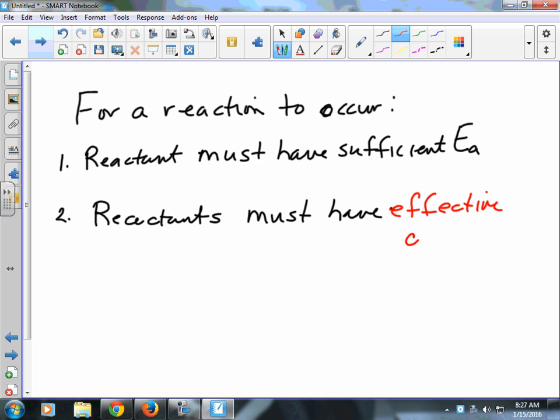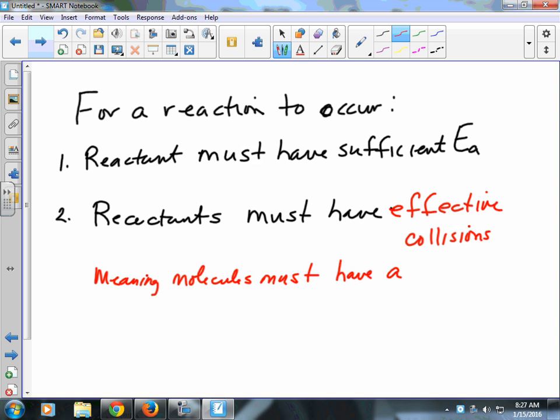That means the molecules must have an orientation, how they're arranged in space, that favors the activated complex.